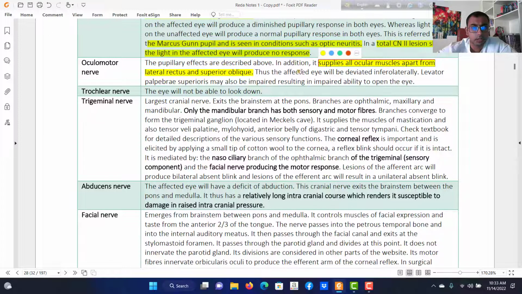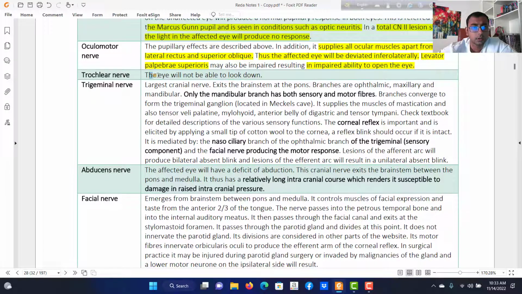So this is a pure motor nerve. This affects deviation inferolateral. Pure motor. It supplies the levator palpebrae superioris. May be impaired, with impaired ability to open the eye. So blinking or a movement of the eyeballs is maintained by the oculomotor nerve, and with the trochlear nerve, the eye will not be able to look down.